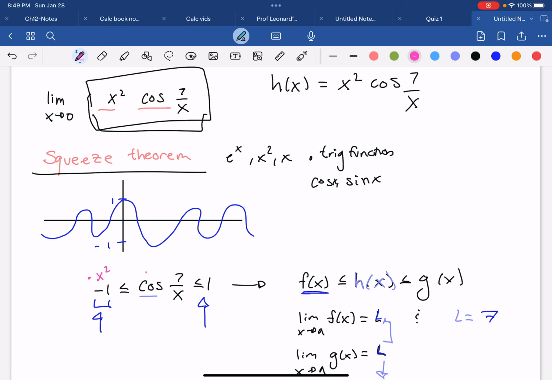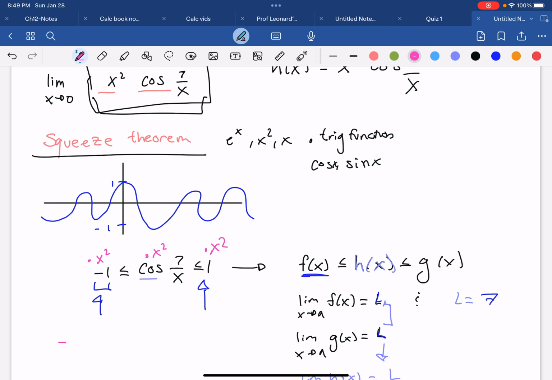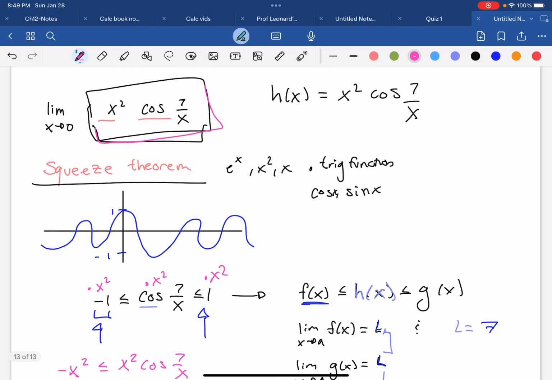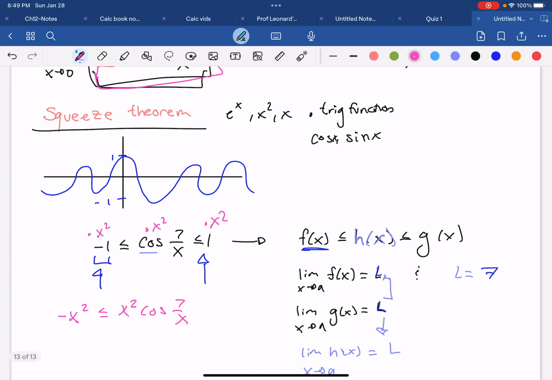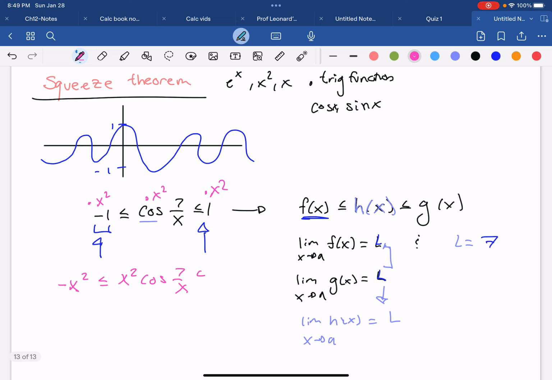We get negative x squared is less than or equal to x squared times cosine 7 over x, which is the function we want to work with. That's perfect. We have that as our h of x in the middle, which is less than or equal to x squared.